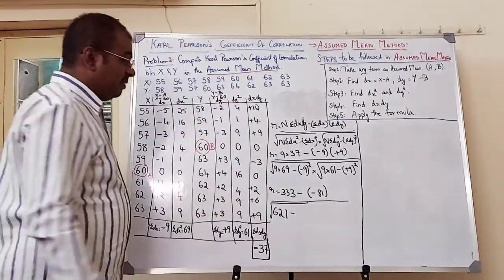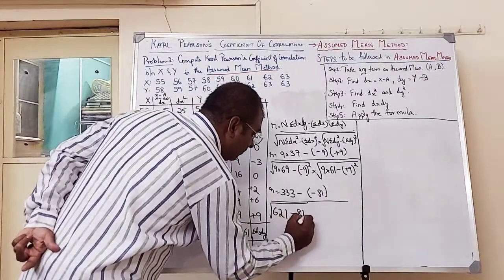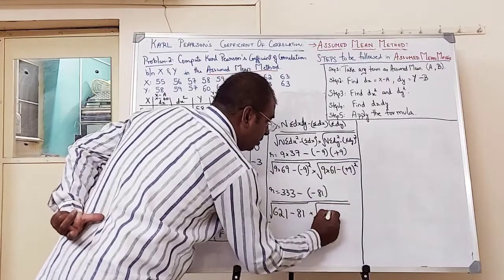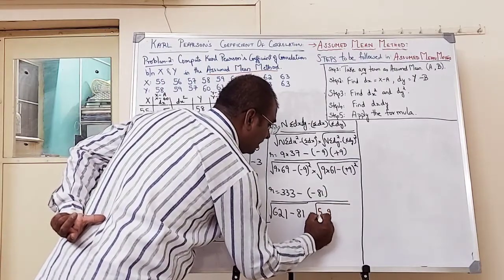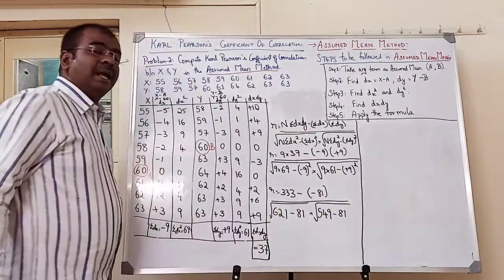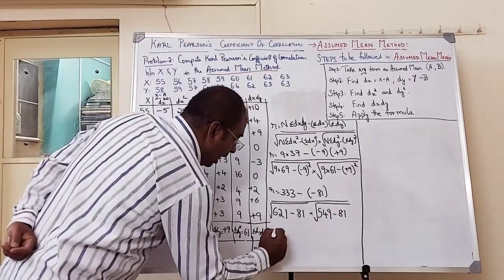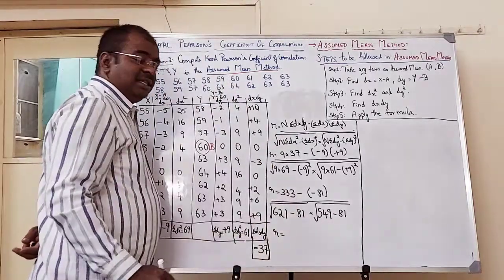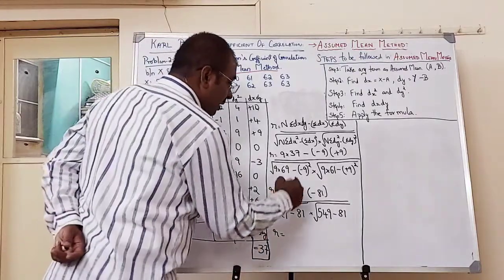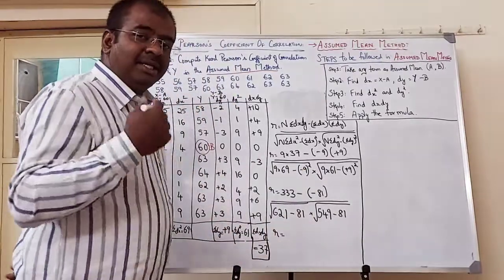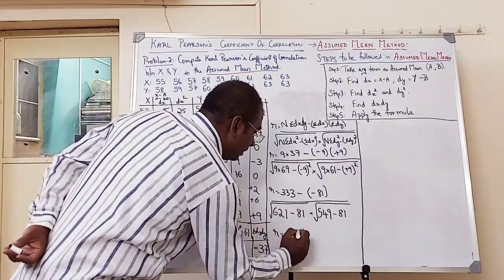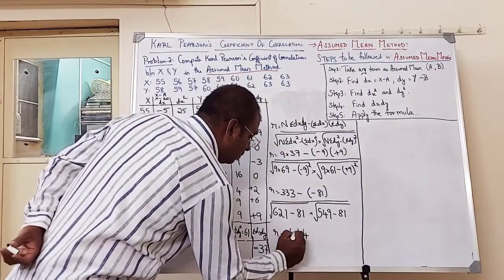Minus 9 into minus 9 becomes plus, 9 nines are 81, into square root of 9 into 61, 9 ones are 9, 9 6s are 54, minus plus 9, 9 nines are 81. So now R is equal to 333 minus into minus 81. That becomes 333 plus 81.